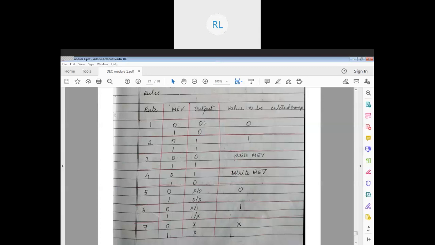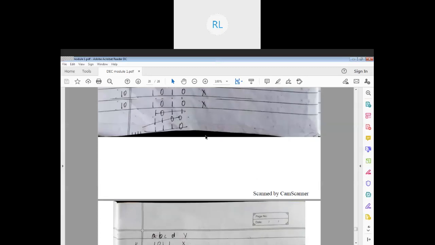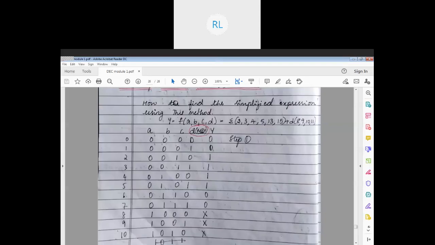So what are these rules? Rule number 1: keep in mind I am grouping them in 2 bits. So if in MEV I have 0, 1, and at the output I have 0, 0, what is my output here? Output is y, MEV is D. So I'll be taking two variables, two bits.